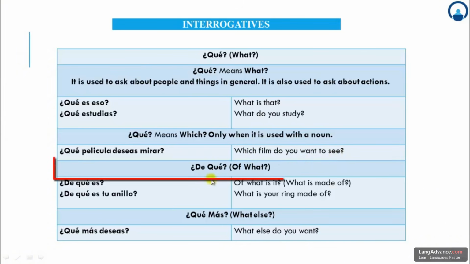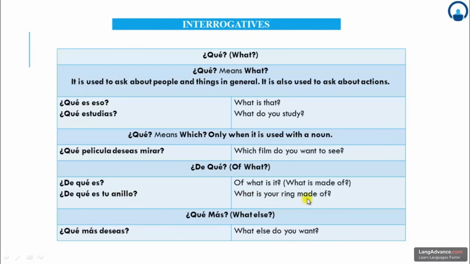Next, de qué. De qué means of what. For example, ¿de qué es? Of what is it? Or in general terms, what it is made of. ¿De qué es tu anillo? Anillo means ring.